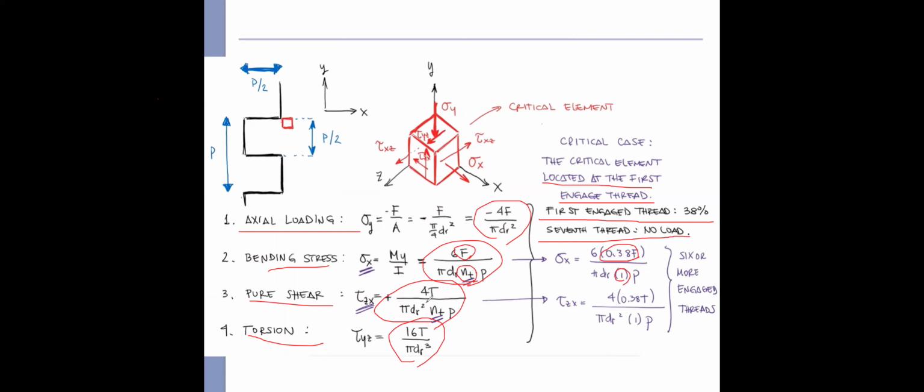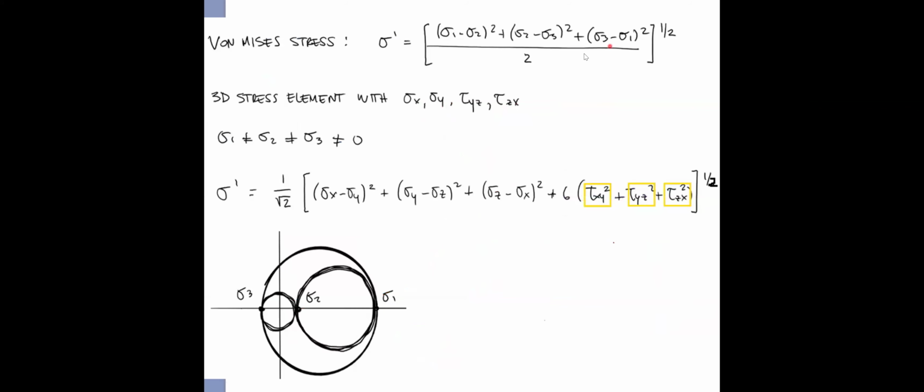Similarly, we can replace the torque T with 0.38 T and Nt equals to 1. So that's the critical case we are going to take into account.